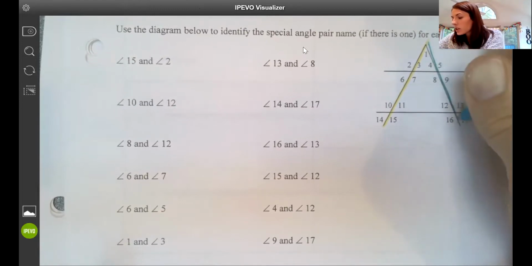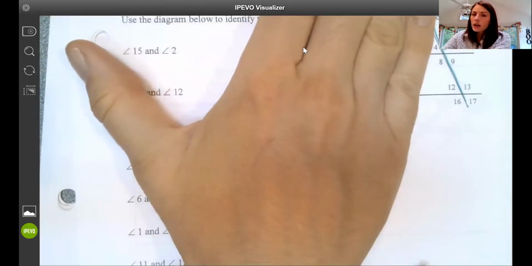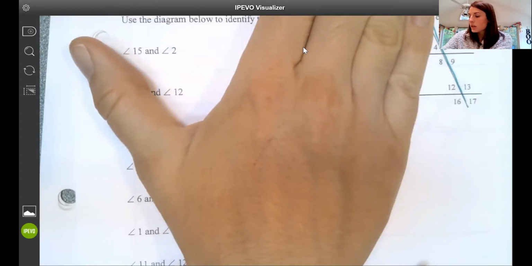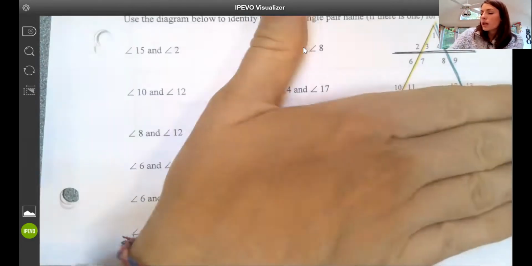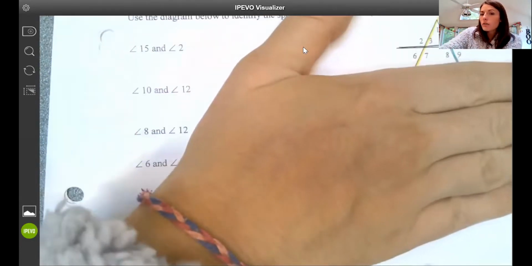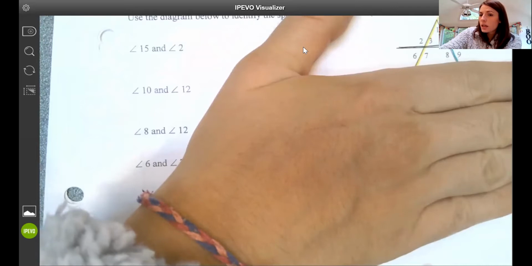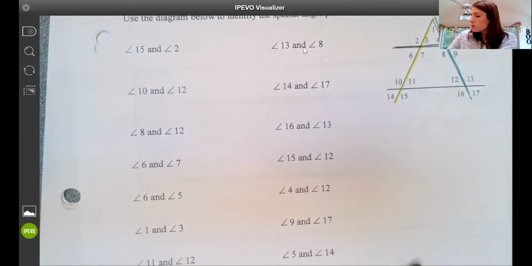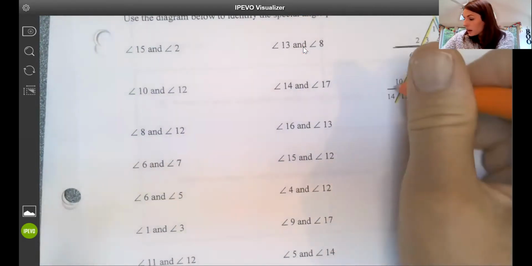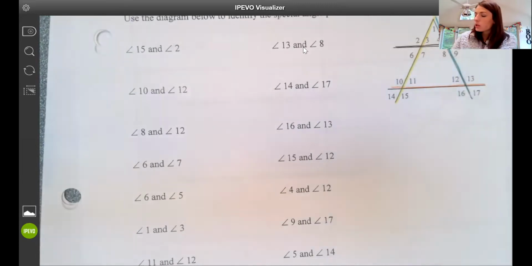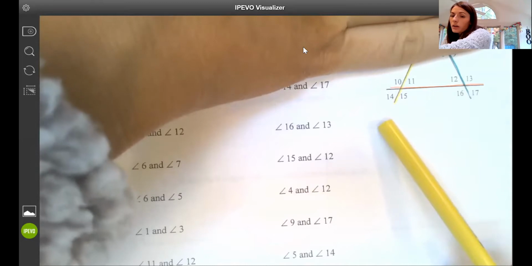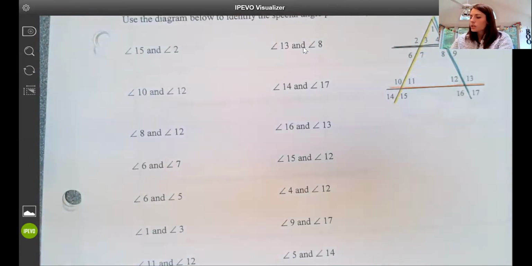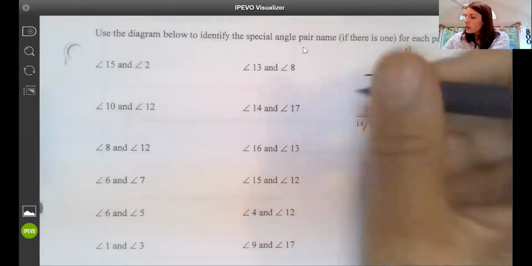I have this transversal, so if I cover up the other half, I could find angle relationships here. And then I have this transversal, so again, if I cover up the bottom of this, I have relationships there. And then I have this transversal along the bottom. If I cover up the top, I'm going to have angle relationships here. Okay, so we have to kind of look at this all sorts of different ways.